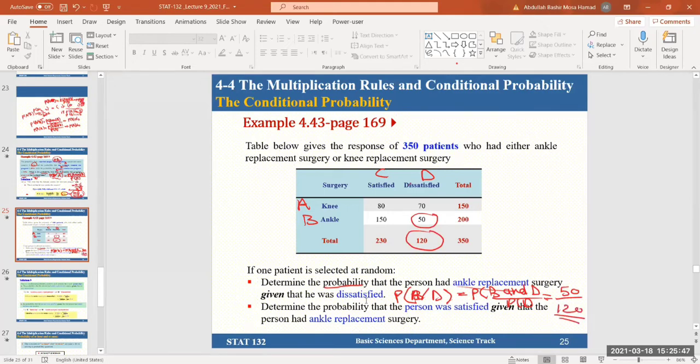Just like this. So it's clear, right? Yes. Now, if we change the question, what is the probability that this person is dissatisfied given he had ankle replacement surgery?